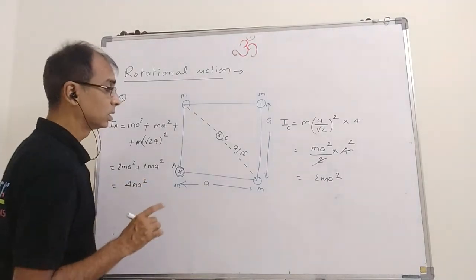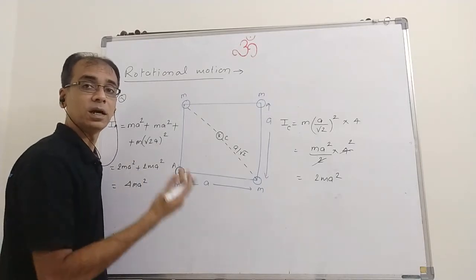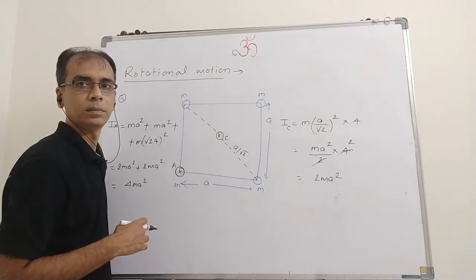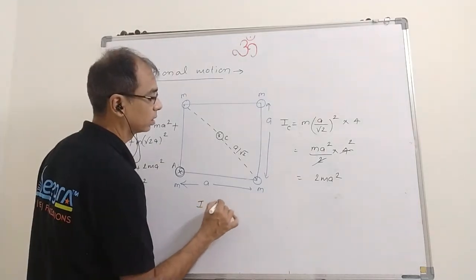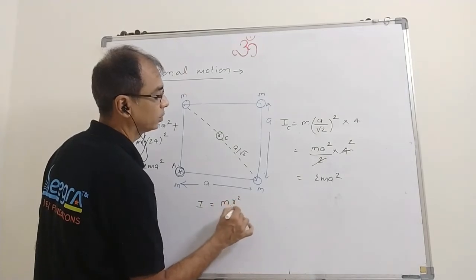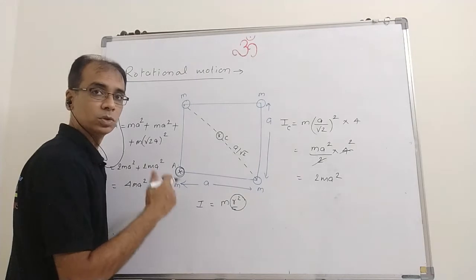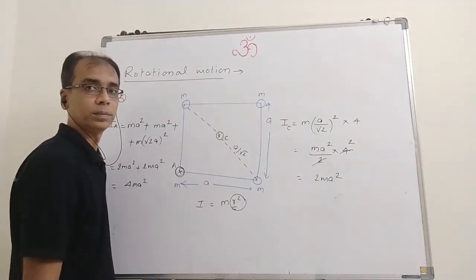This means that if the masses are farther from the axis of rotation, the moment of inertia is more. Why? Because I is mr square, and if r is more, I will be more. So if the mass is far, its moment of inertia will be more.